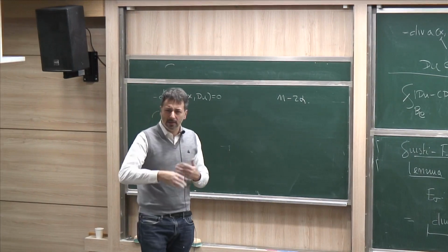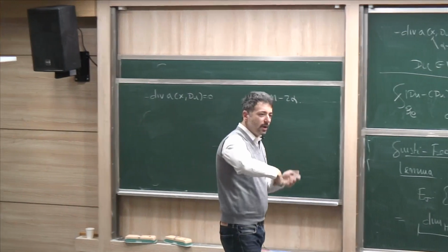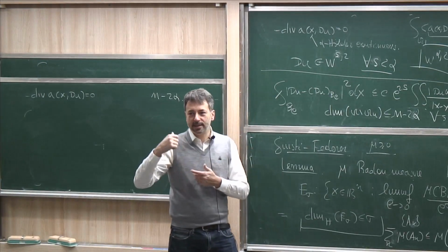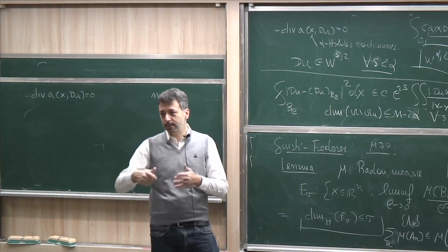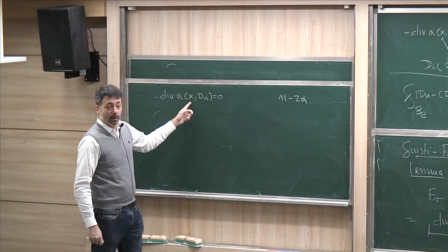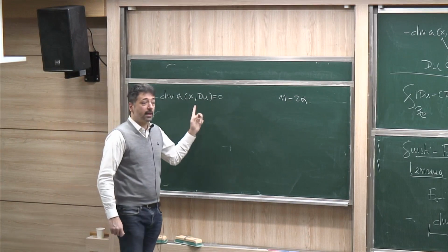And it's not difficult to understand how it works, because the more you tend to be discontinuous with respect to the external ingredient, that is x, the more you tend to form singularities. In fact, when this is just measurable, you can even not get partial regularity.